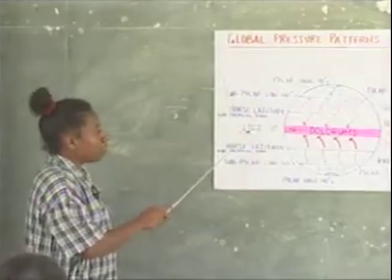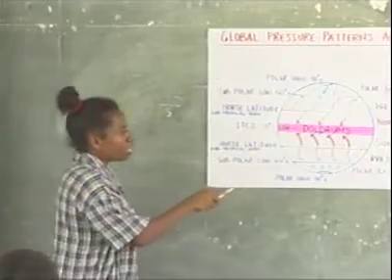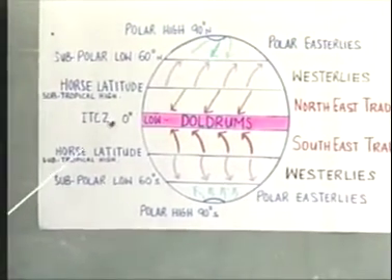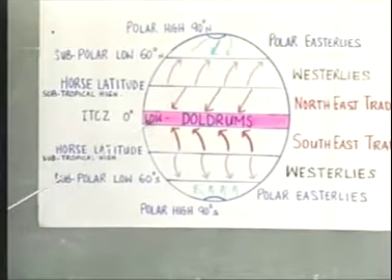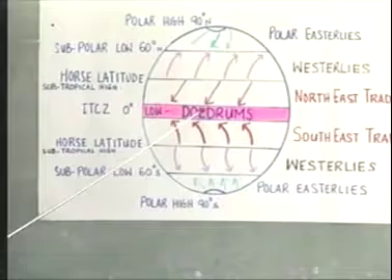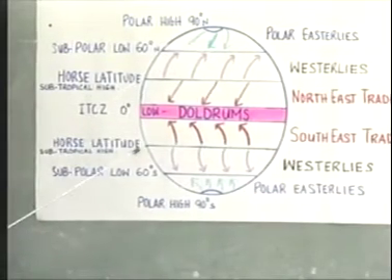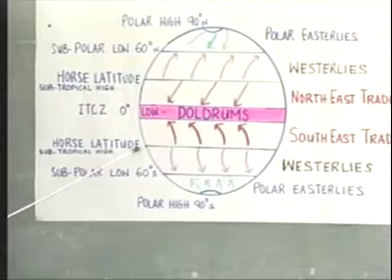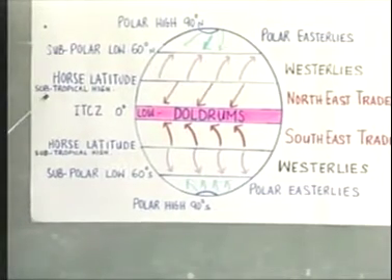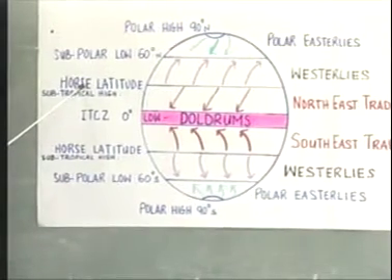The Intertropical Convergence Zone, or in other words, this is also known as the Doldrums. Here we already found out air rises simply because it is hotter here at the Doldrums. When the air rises, it will go to about 30 degrees north and south before it sinks. The sinking of the air at 30 degrees north and south would give rise to a subtropical high pressure belt, which is referred to as the horse latitudes.